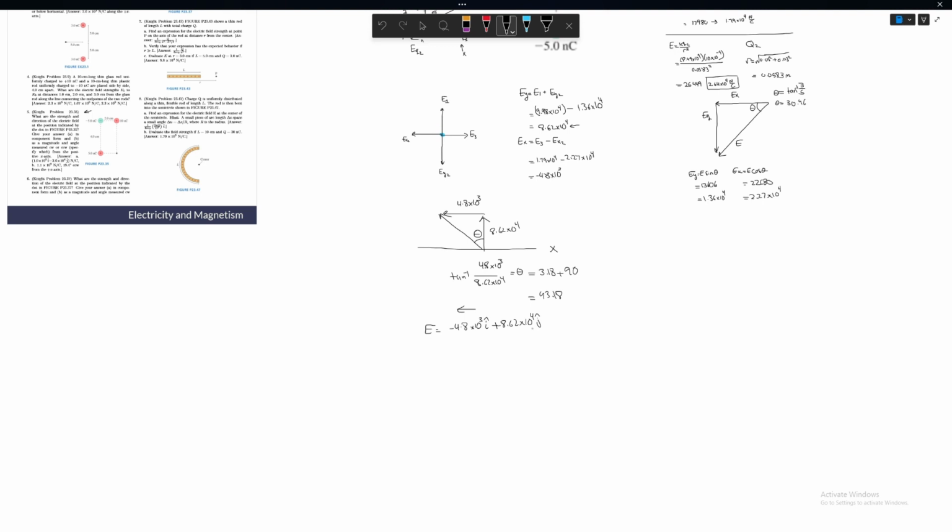Now, if they want us to combine this, you'll use Pythagorean theorem to get this E, and then your angle will be 93.18 counterclockwise from positive x, which is what they wanted. All right, and so that's how you answer that question.